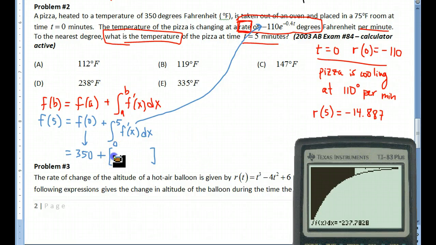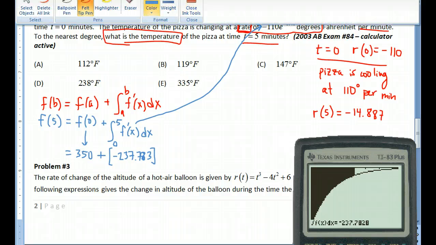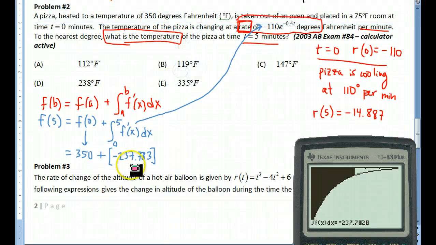That's temperature decreases. 783. So again, this is the important number of this problem. What is this supposed to represent? The total change in temperature from 0 to 5.